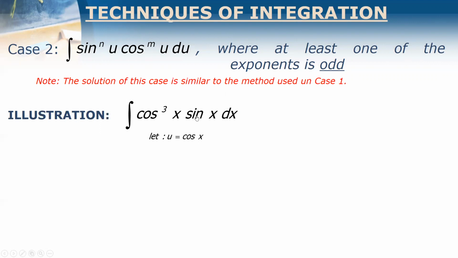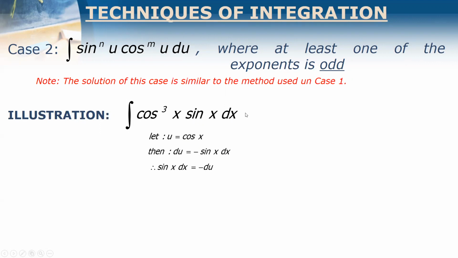So, first one, since we have sine x dx, we can directly assume u equal to cosine x. So du is negative sine x dx. Therefore, sine x dx equals negative du.